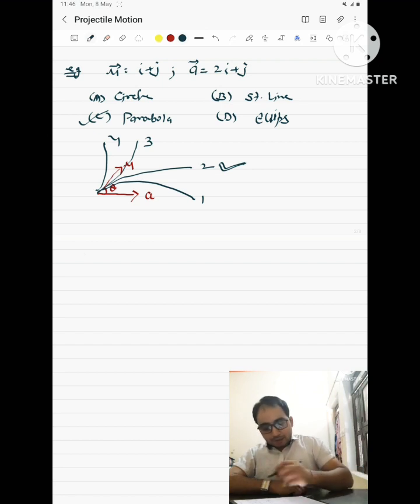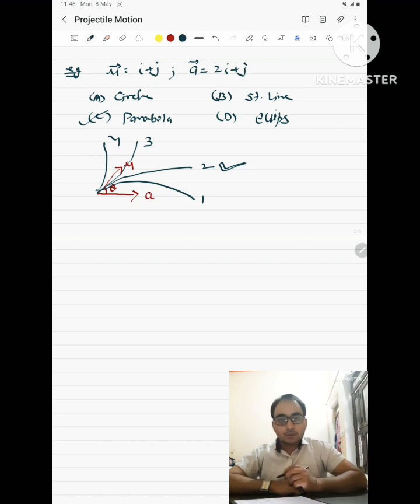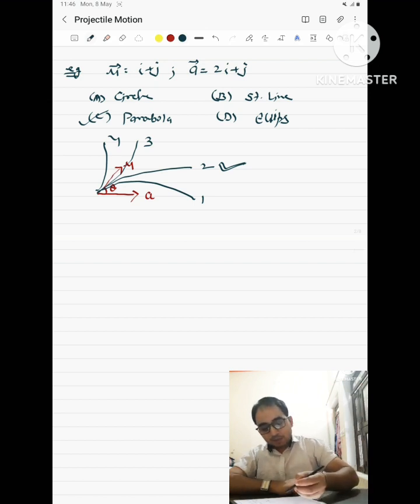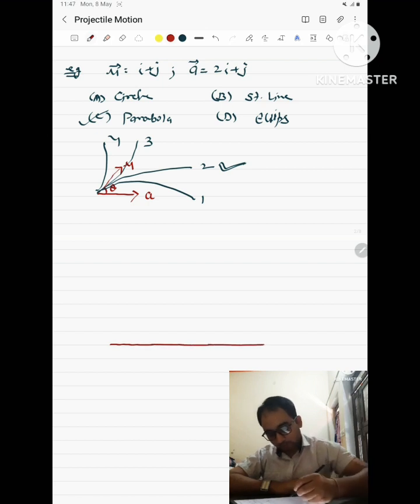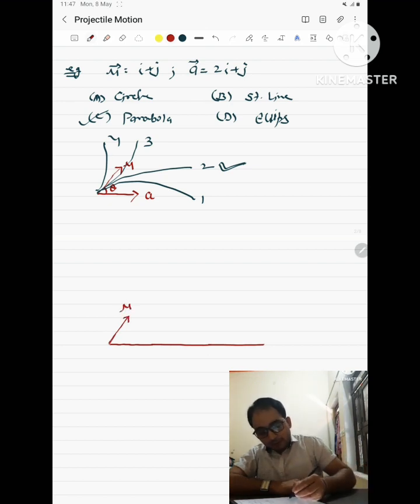Now let us start with exact projectile motion. In projectile motion, suppose we have a particle which is thrown with an initial velocity u at an angle theta with the horizontal.